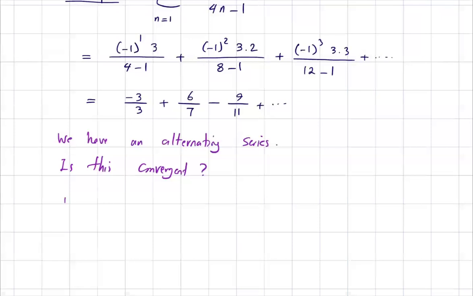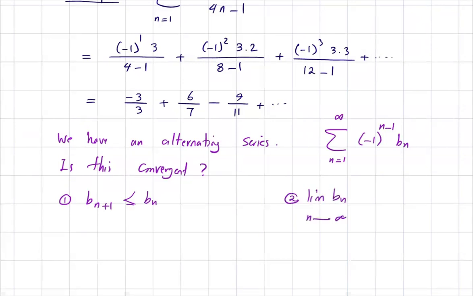First of all, for the summation of (-1)^(n-1) bn, n from 1 to infinity, b(n+1) must be less than or equal to bn. It means that you have to have decreasing terms. And second of all, the limit of bn as n goes to infinity must be equal to 0.